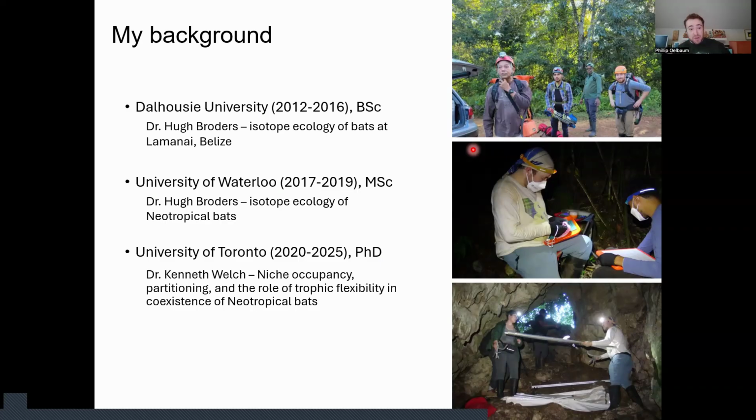I've recently finished my PhD at the University of Toronto with Dr. Ken Welch, where I was looking at this across various different contexts and various landscapes, examining the isotopic niches of bats from the individual level all the way up to the community level.